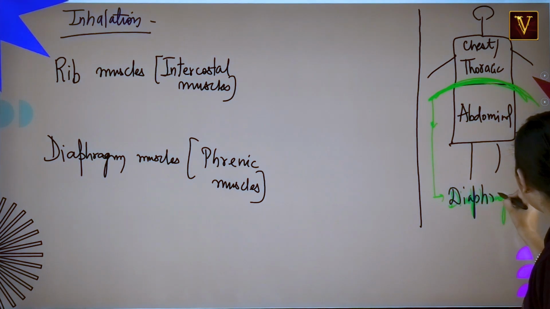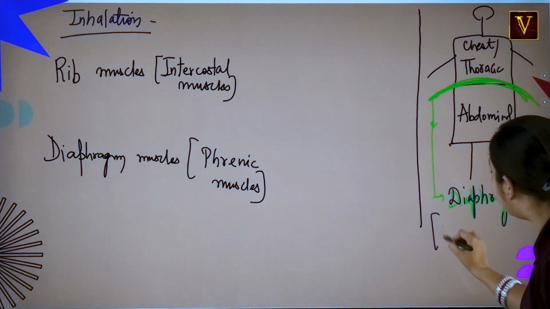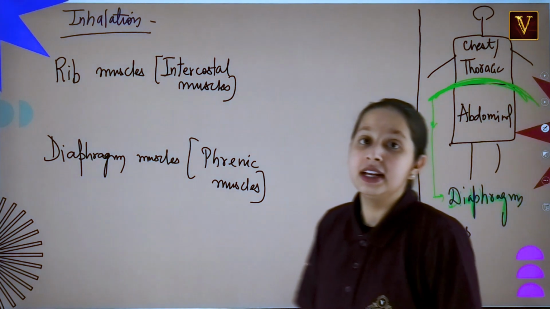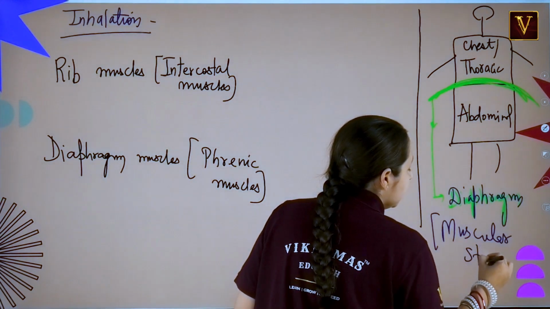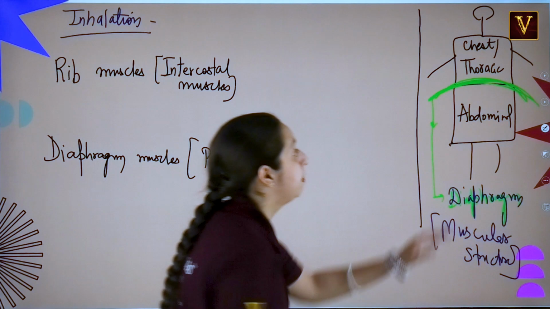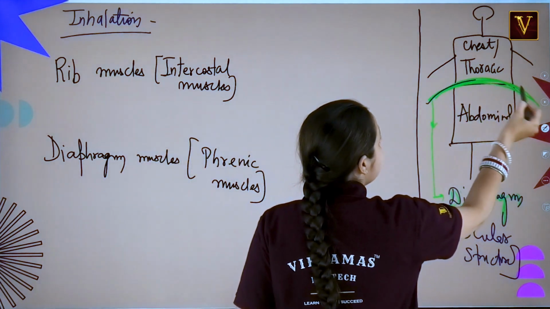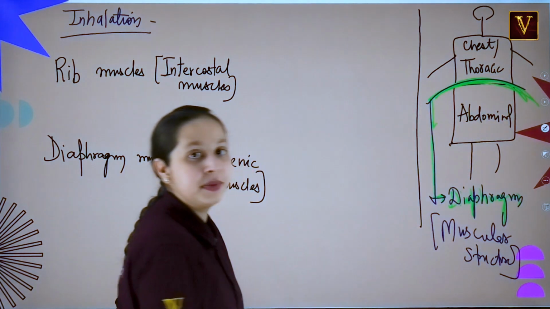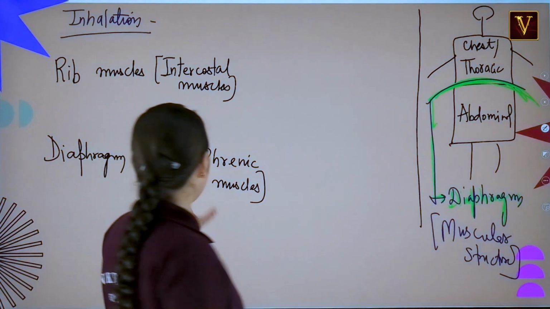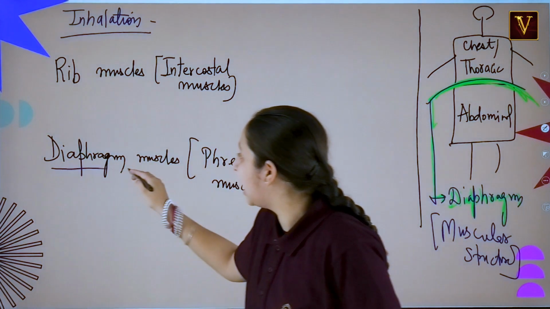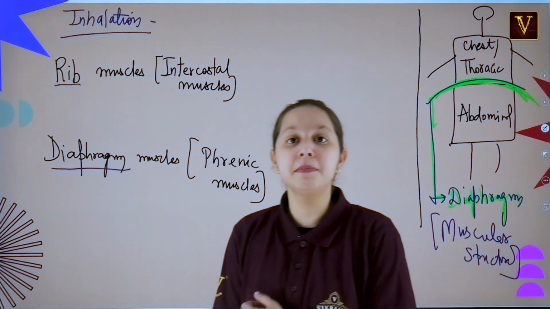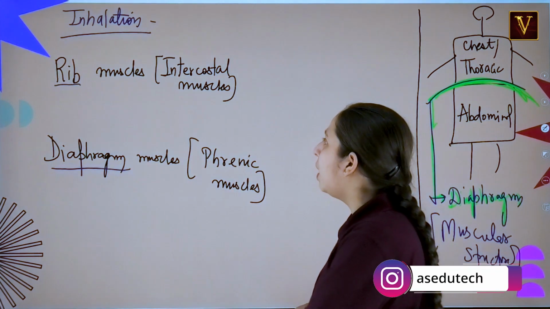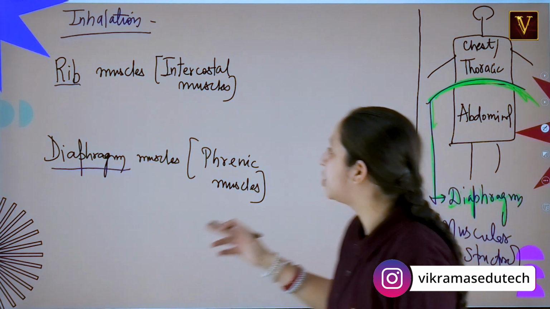This diaphragm is a muscular structure separating the chest cavity from the abdominal cavity. Is it visible? Now see here, we have the diaphragm, and the ribs are surrounded by muscles.